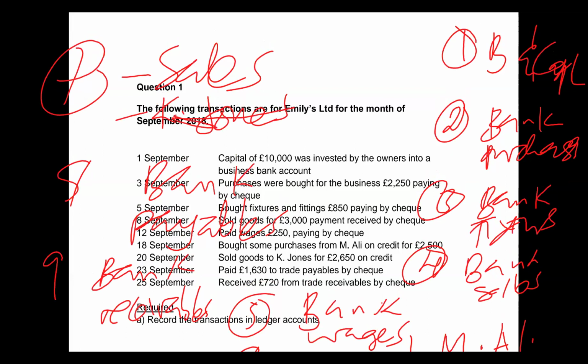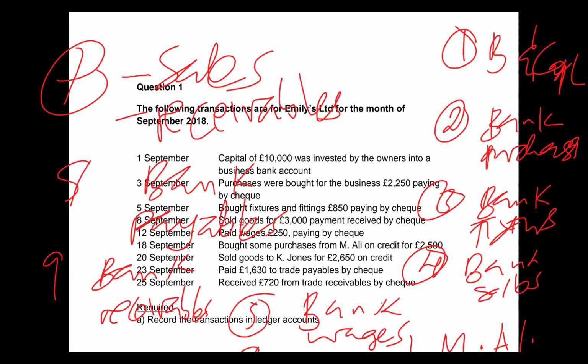Why are you debiting the wages? We are debiting them because we credited them last time. Okay, all right. What I wanted you to say is because wages are expenses. Expenses are debited. They have a debit balance. All right.